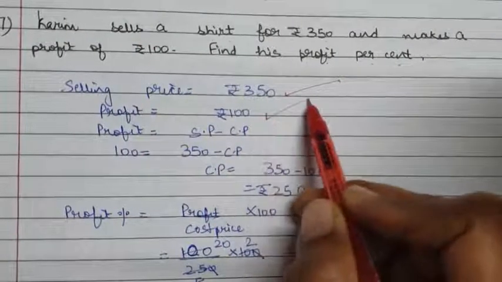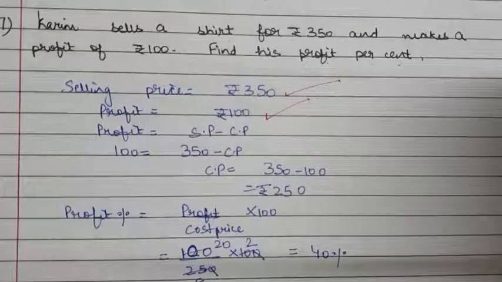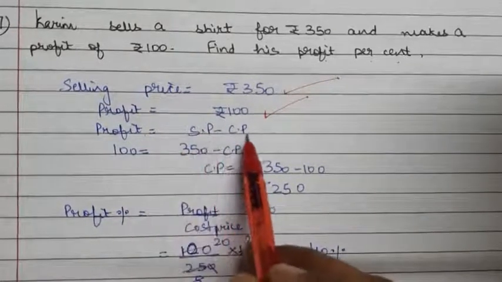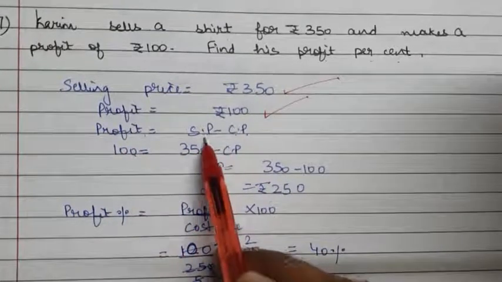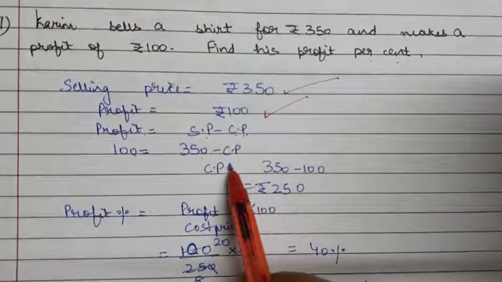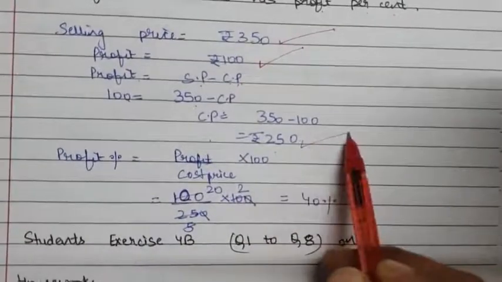Profit is also given to you, that is 100 rupees. So profit is given, apply the formula for profit. That is selling price minus cost price. Profit is 100, selling price is 350, cost price we have to find out. So the cost price is 250 rupees.